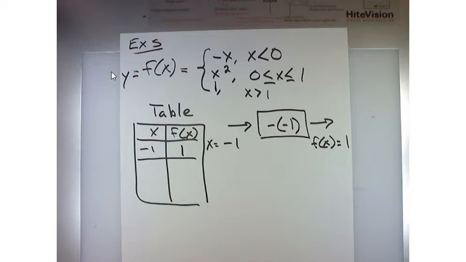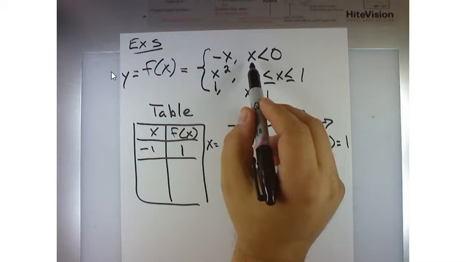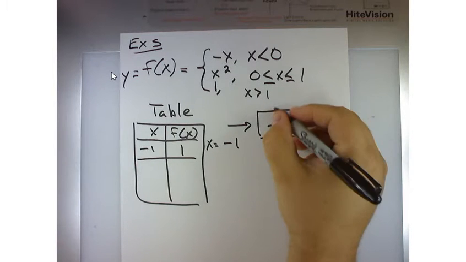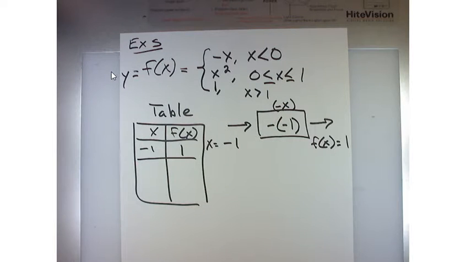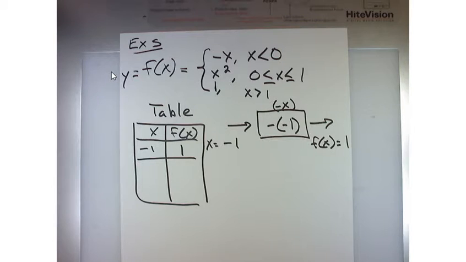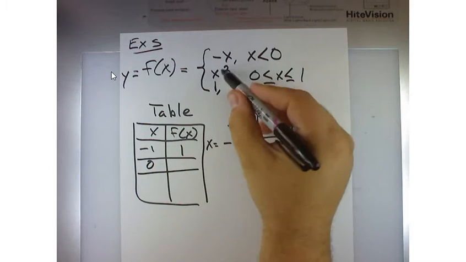Let's go to a different boundary. So what I'm saying is for all values of x less than 0, I'm going to plug it into this mathematical relationship of negative x. Okay? So now, let's pick a number between 0 and 1, including 0 or 1. So if I plug in 0, now I'm going to use this expression.